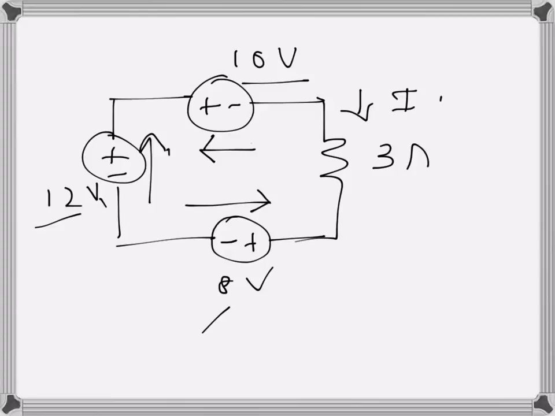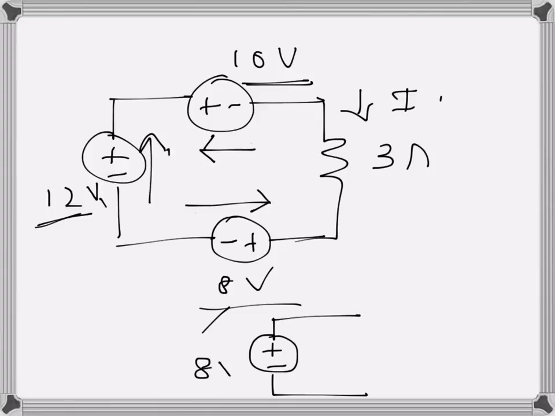I can see that 10 plus 8 will be 20 minus 12, because this is in the opposing direction. So 10 plus 8 is 20, minus 12 is 8, and that will be in this direction, like that. So that is the resultant voltage that is applied across the 3 ohms resistance.